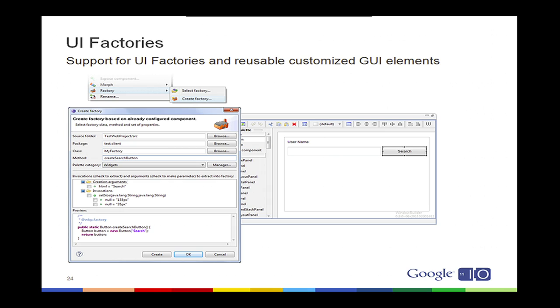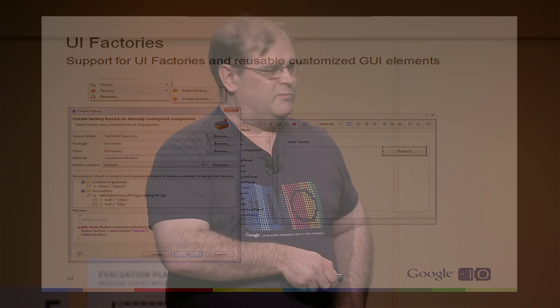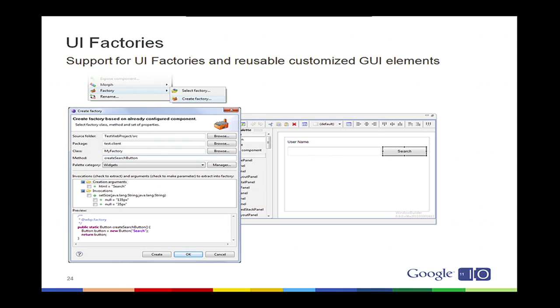And in this case, for our little search button, we want to create a new static method on this factory class that creates the button and returns it. But you can imagine this could be arbitrarily complex with other properties, and then this actual factory element can be added to the palette as a first-class element. So if I wanted to add a whole bunch of search buttons to a layout, or use them over and over again, I could do that very easily.